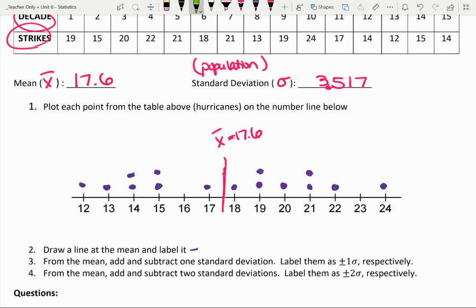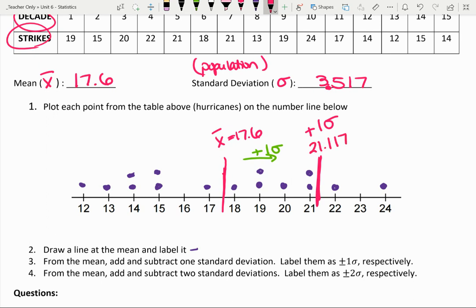So from the mean, I'm going to add 1 standard deviation. I'm going to add 3.517. And if I do that, I'm going to get 21.117.